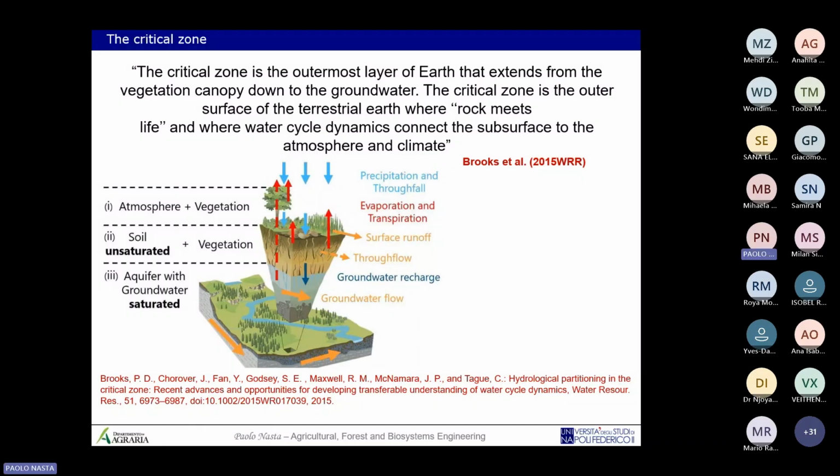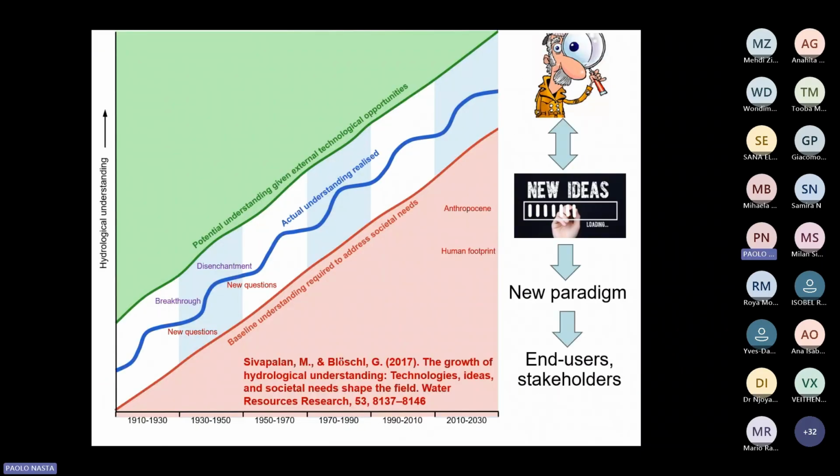And so, what's the framework in which soil hydrologists work? So basically, our final target is to gain hydrological understanding, which happened during all the decades, starting from the early 19th century.